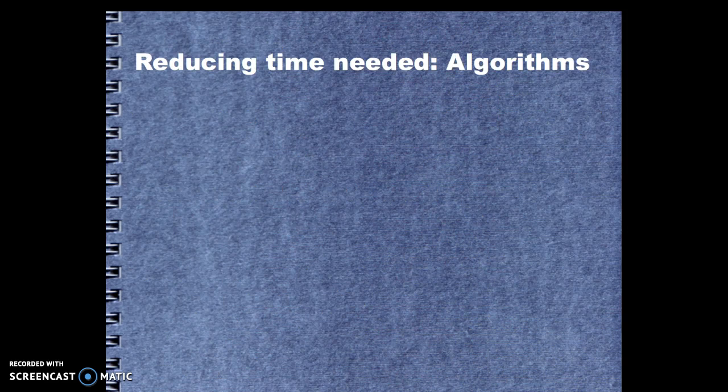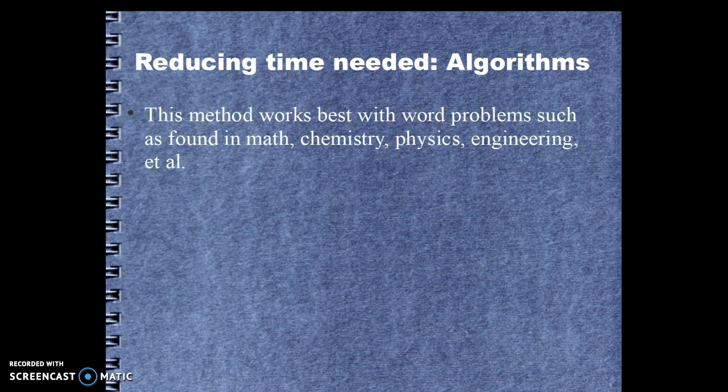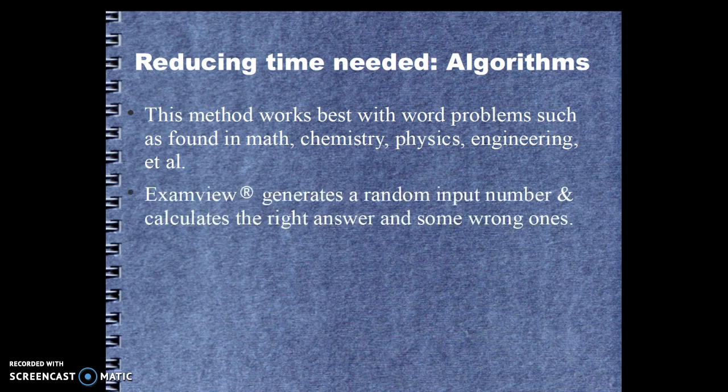Therefore, the Examview folks and others have figured a way to reduce the time needed to create entirely different tests using algorithms within the testing instrument. This method works best with word problems that have mathematical solutions, the kind of things we find in math, chemistry, physics, engineering, and so on.